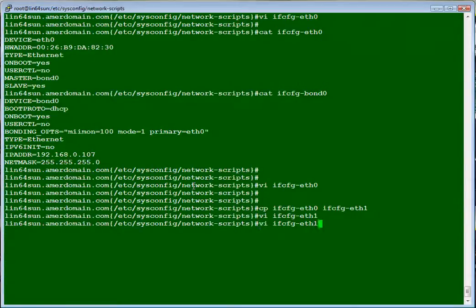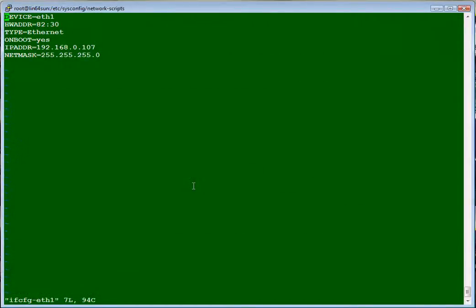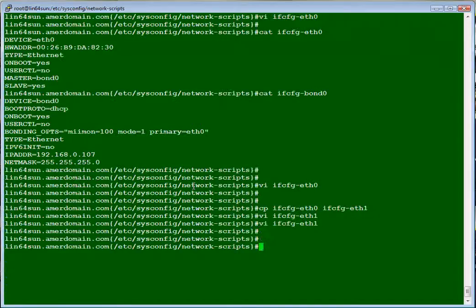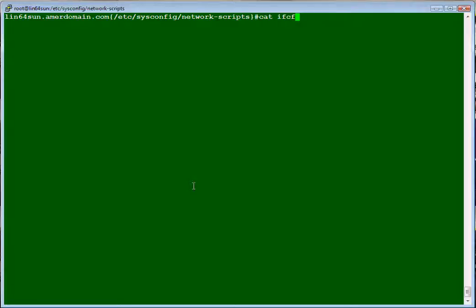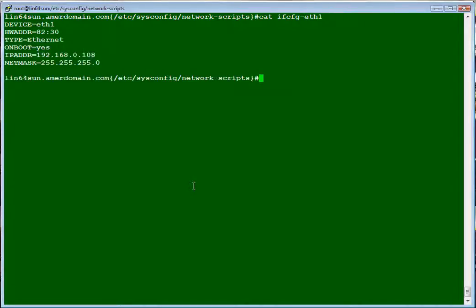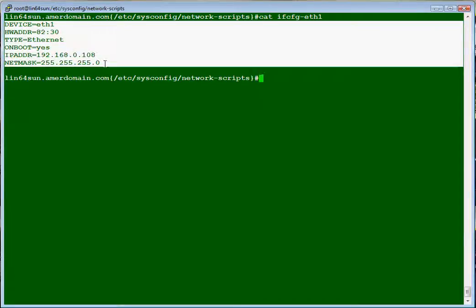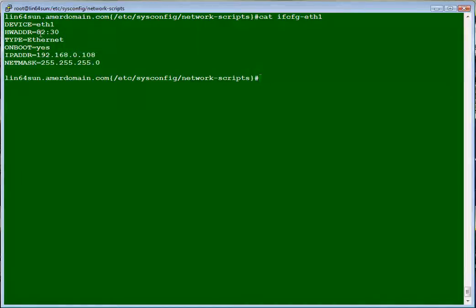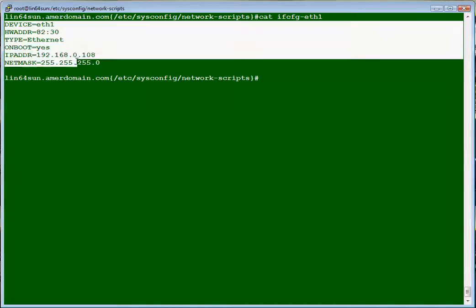So if you do not have any bond configured in your machine, these are the entries you have to put in your configuration file.